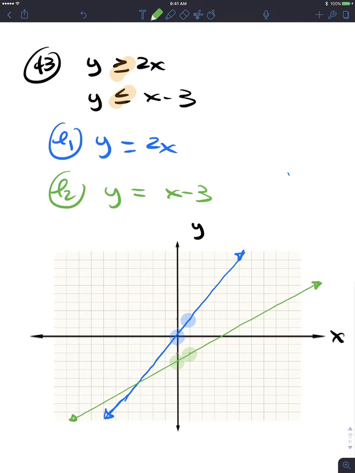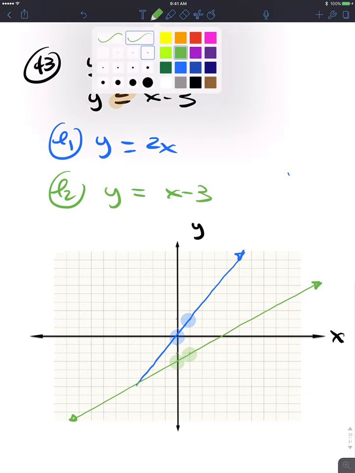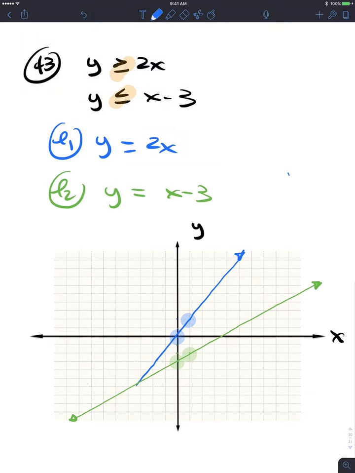Now for the blue. We're going to determine the region we shade for blue. If we want, let's be a little more careful here. Okay.